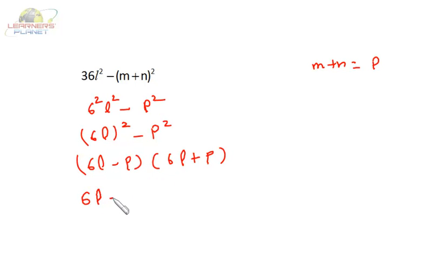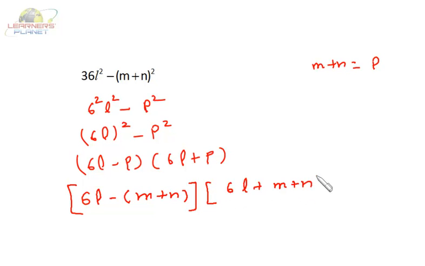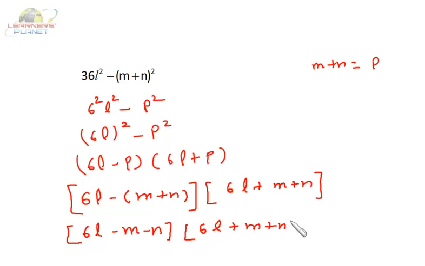It's 6L minus, put a bracket over here, m plus n, and 6L plus m plus n. Now just simplify it. It is 6L minus m minus n and 6L plus m plus n. So this is the factorization of this particular algebraic expression. Okay, I am sure you are getting my point.